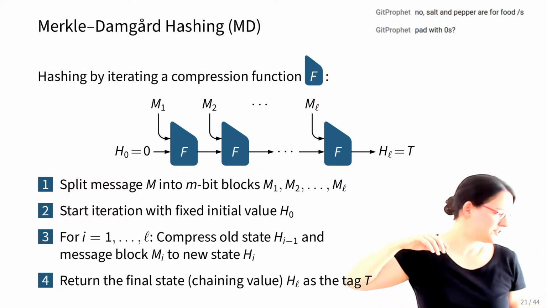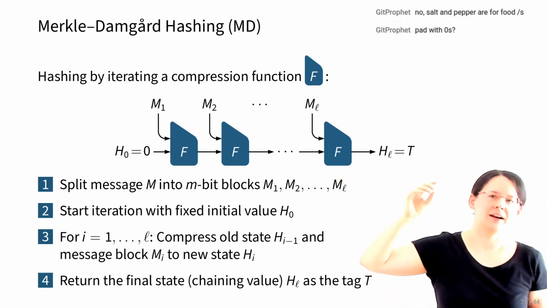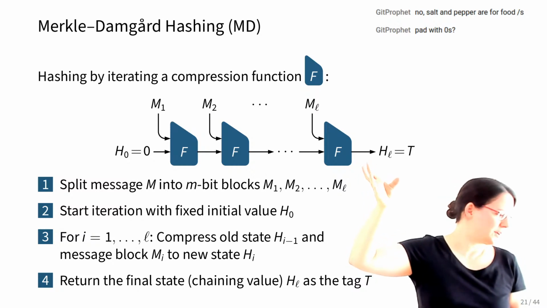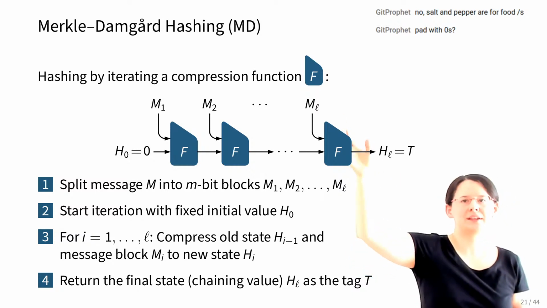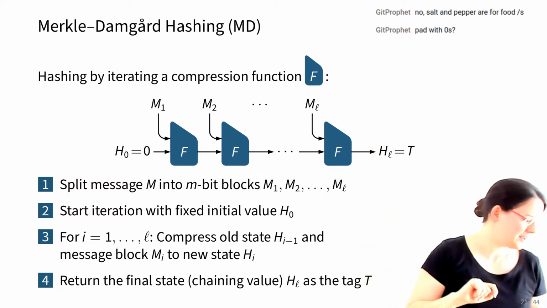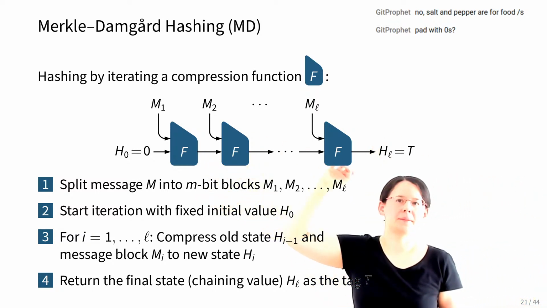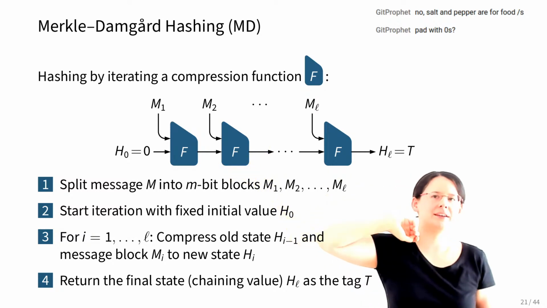So one of the suggestions is to pad with zeros. That is a good idea as a starting point, but maybe some of you can already see a problem with simply padding with zeros. So what is the problem if I hash my message by just appending zeros?